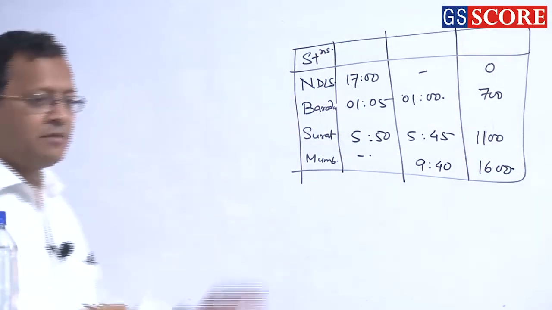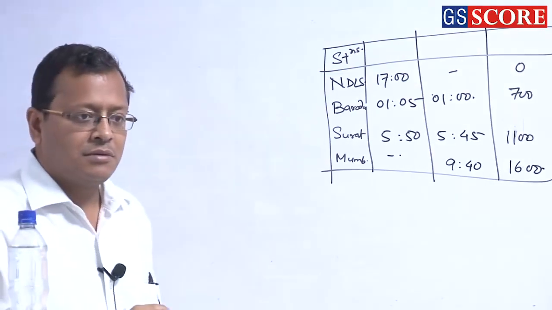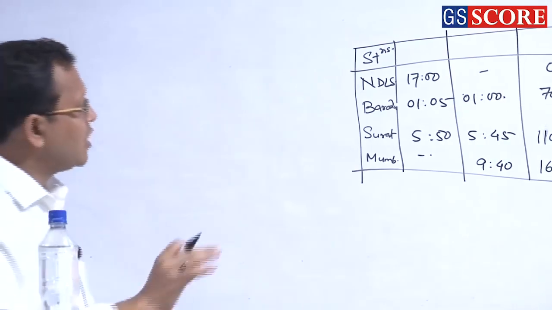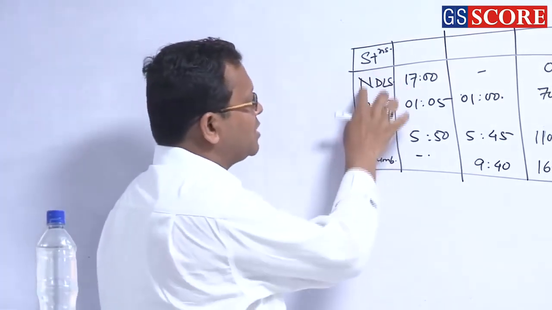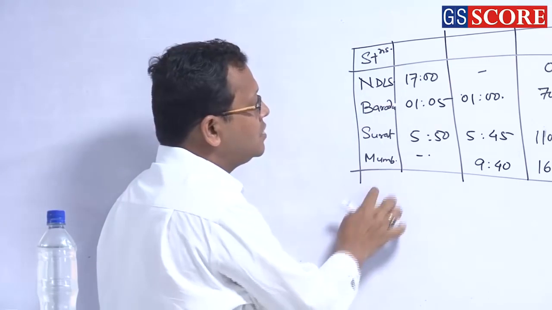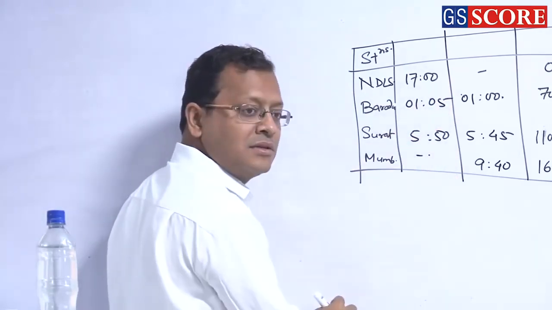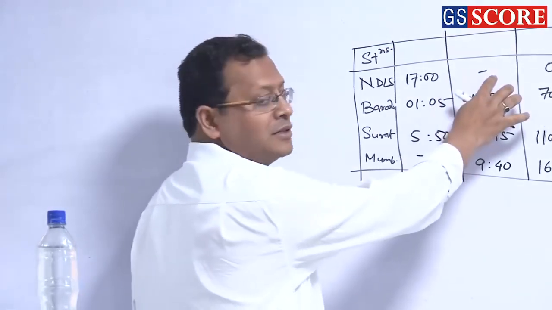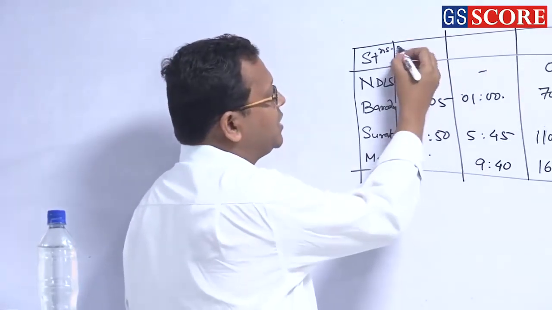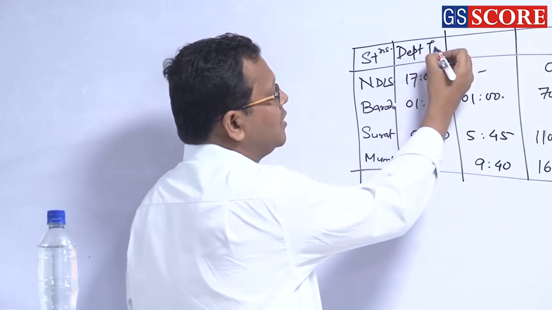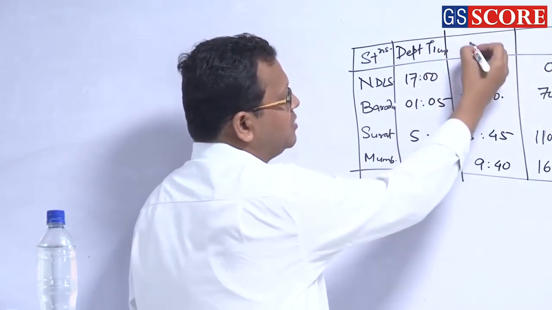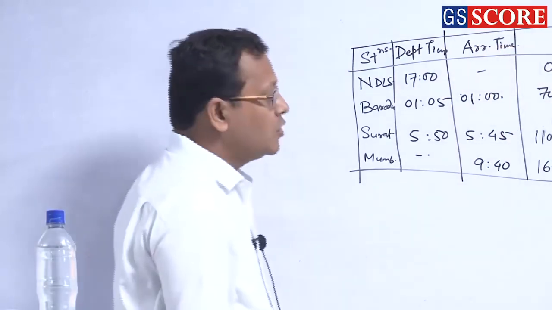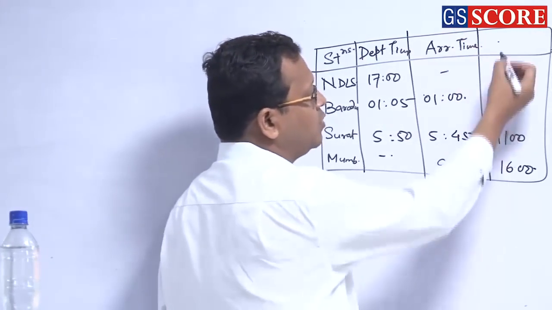Can you tell me what this table is all about? A train schedule. A train schedule must have the stations, so these are the station codes. What is this? That is also a decision I am making, because if this is empty, then this must be the departure time, and if this is empty, then this must be the arrival time. Clear or not? Okay.